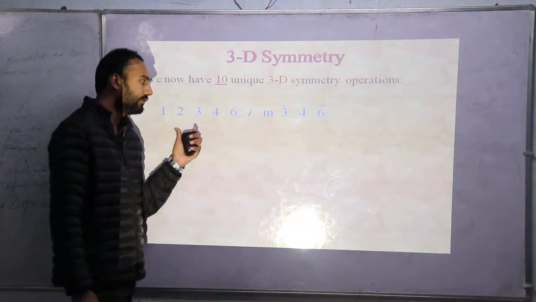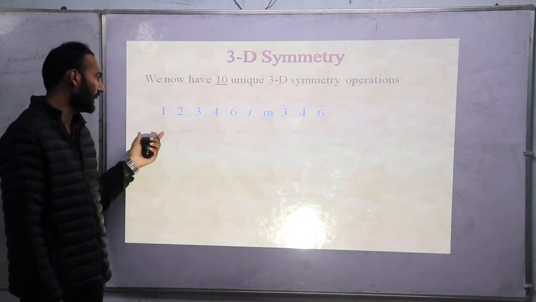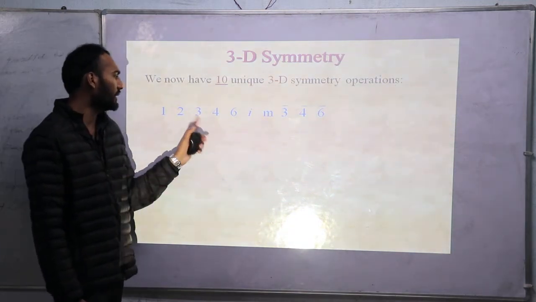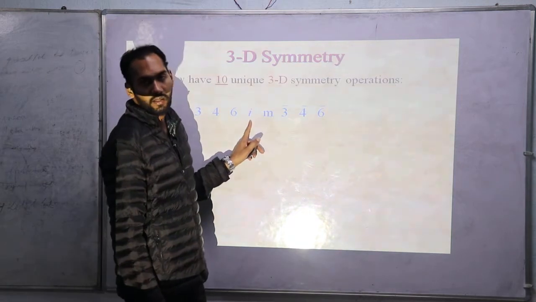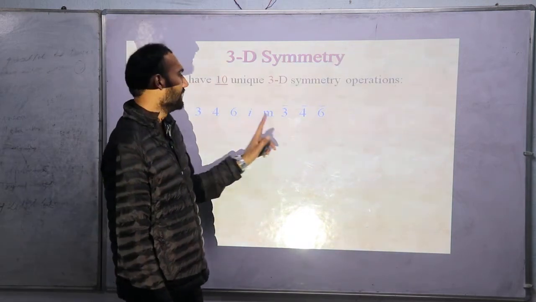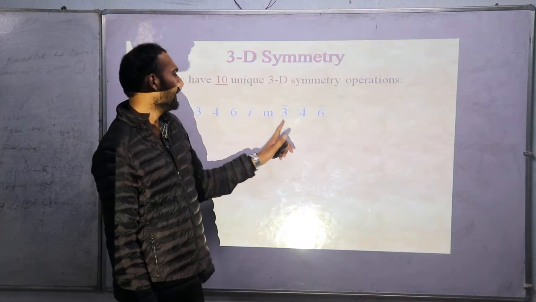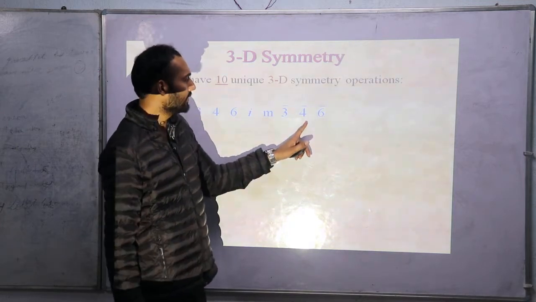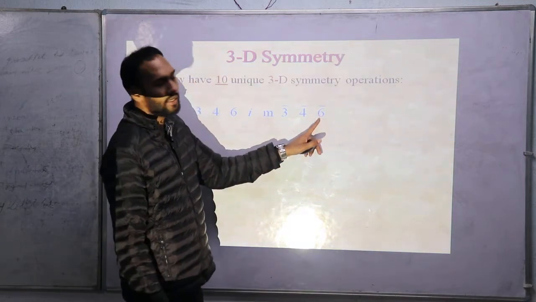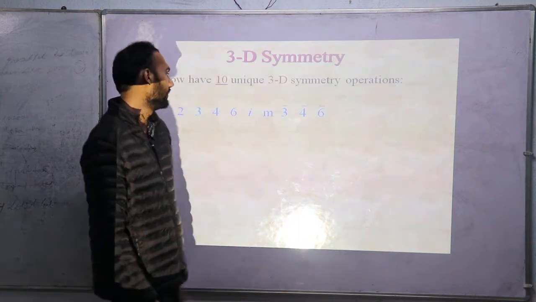So these are what we have studied: 1-fold, 2-fold, 3-fold, 4-fold, 6-fold rotation, inversion symmetry 1 bar, 2 bar mirror plane symmetry, 3 bar rhombohedral, 4 bar 2-fold reduced disphenoid, 6 bar is 3 by m. Okay.